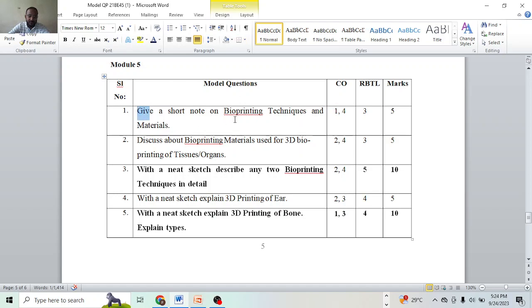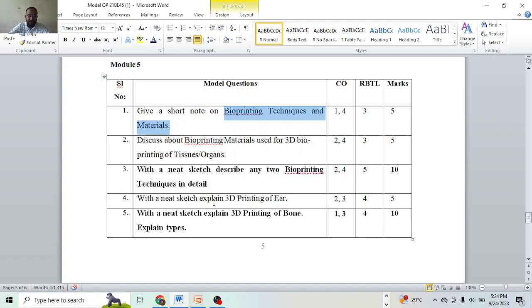Here you can't just simply write about bioprinting techniques and materials as it is in the notes, because in the notes there might be extra information which is not required for your particular question. What is the question? Give a short note. That means you are going to give a short note on bioprinting techniques as well as biomaterials.